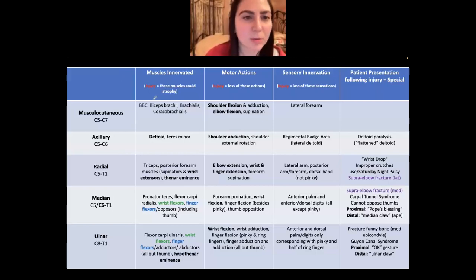The reason muscles innervated is important is because if you were to injure any of these nerves, these are the muscles that would atrophy. If you were to injure this nerve, these are the actions that you would not be able to perform. And same thing with sensations. You would not feel any of these sensations.